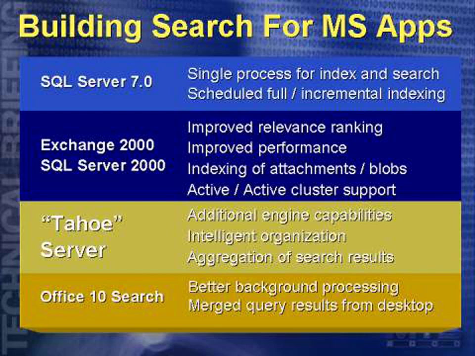The next wave of the Microsoft Search technology occurred this summer with both Exchange and SQL Server 2000. Here we've done a tremendous set of improvements. We've improved the relevance ranking algorithms in our search engine so that the searches are much more accurate.